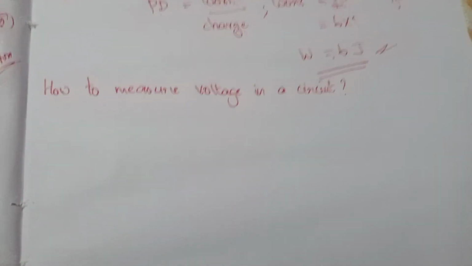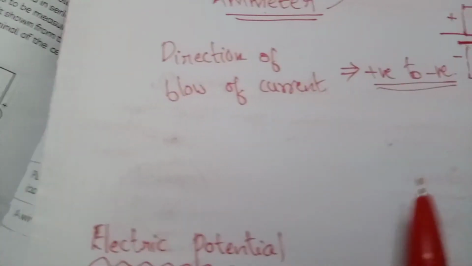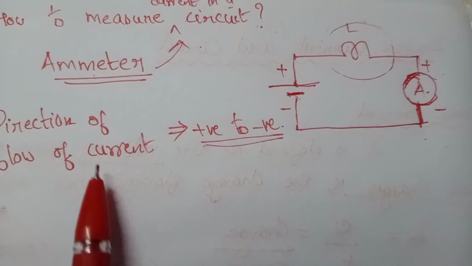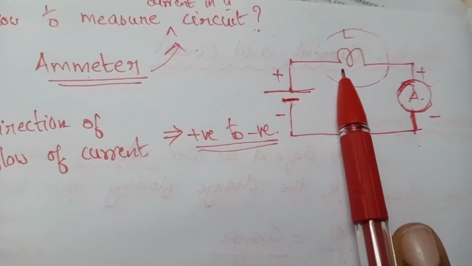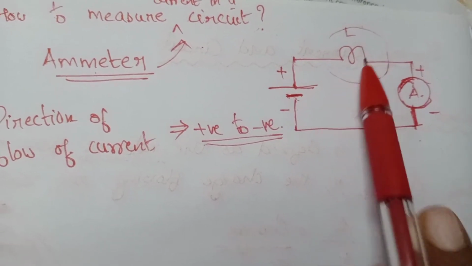The next topic is how to measure voltage in a circuit. We have already discussed how to measure current in a circuit, and we studied a device called an ammeter, which is connected in series with the device. Here we are going to study how to measure voltage in a circuit.